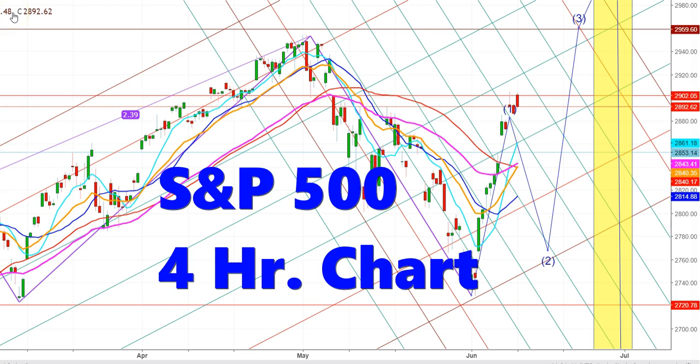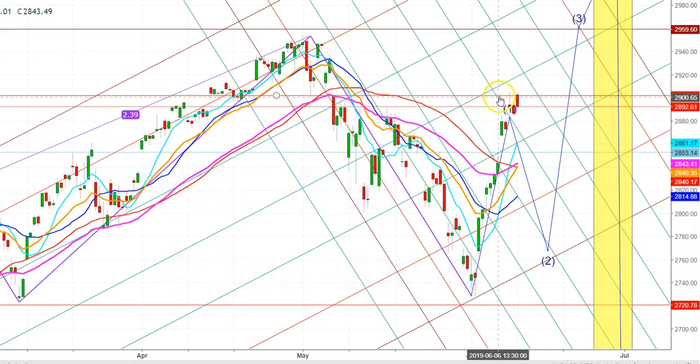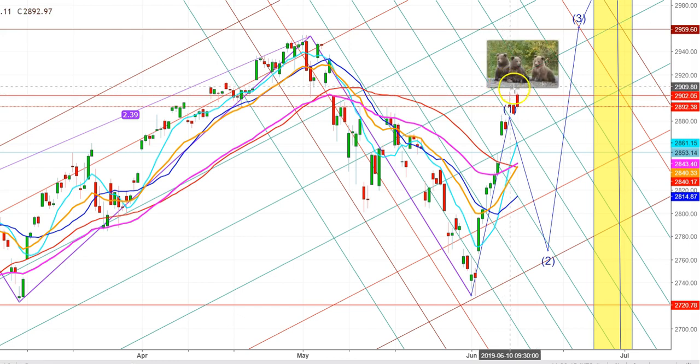Now let us have a look at the movement of S&P 500 in a 4-hour time frame. Here you can see that the S&P 500 index has been facing stiff resistance above the level of 2902, where I find a thick presence of bears.